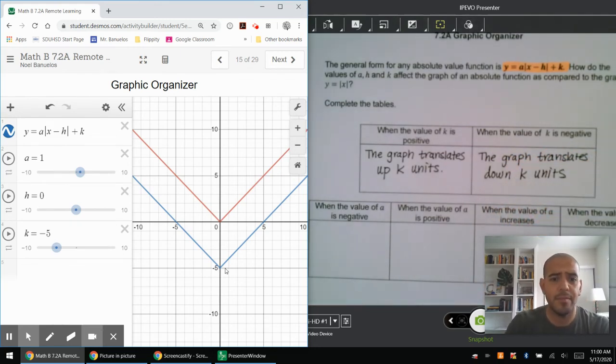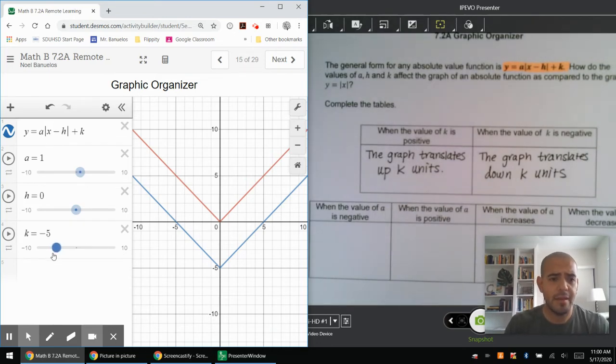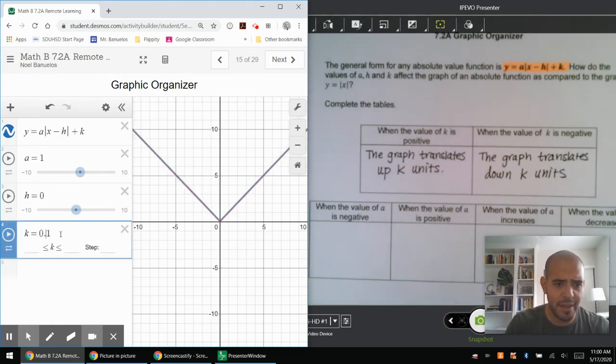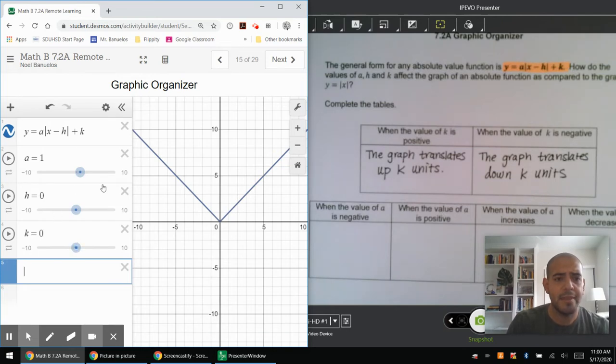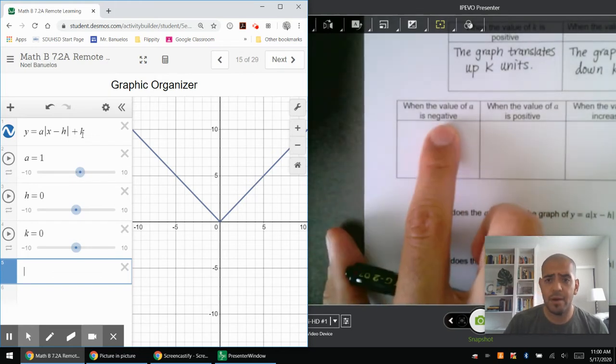Okay, so now be careful, the value of k is the number on the outside. Let me just get this at 0 if I can. So the value of k is what you're adding or subtracting, and it just translates your graph vertically, up or down.